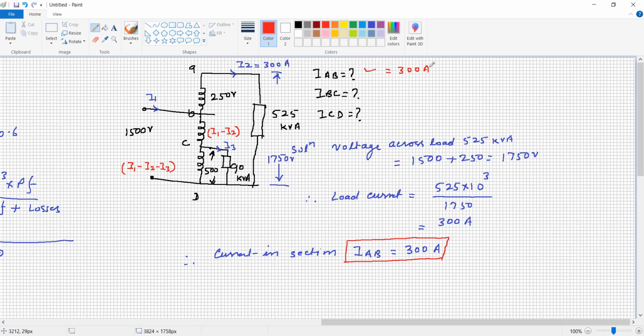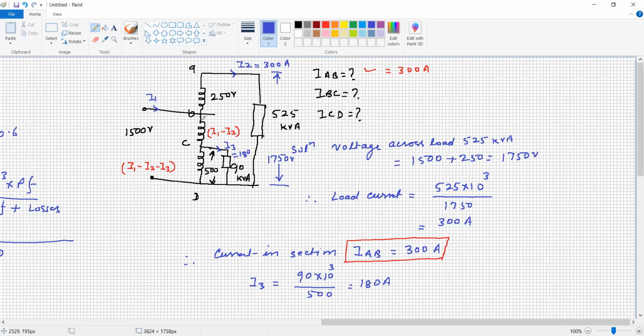Now, can we calculate I3? Yes, we can calculate I3. I3 is equal to 90 kVA load, 10 raised to 3 divided by 500, equals 180 ampere. So this current is equal to 180 ampere.